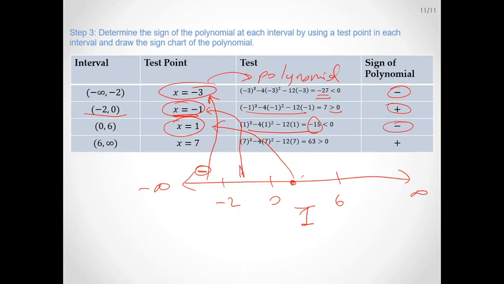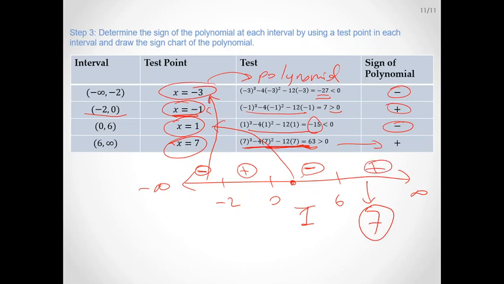So far we have minus, plus, minus here. And for this one, you can pick 7. Pick 7 and then put it in the polynomial. You got 63, which is positive. You write here plus. Okay.